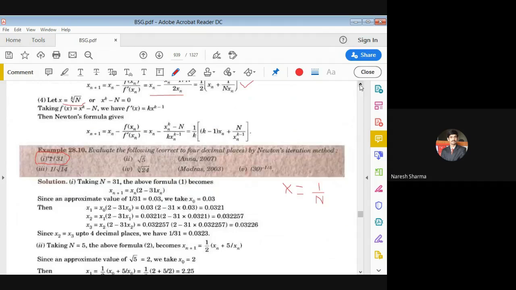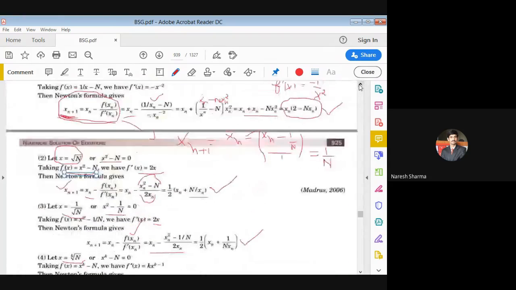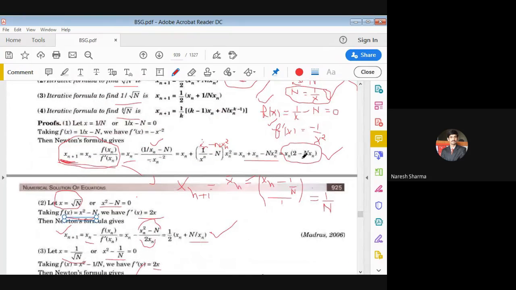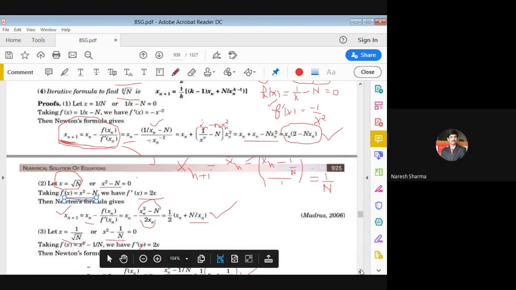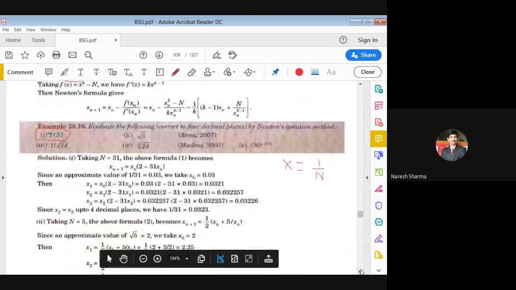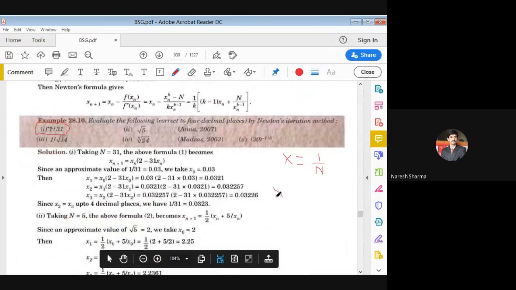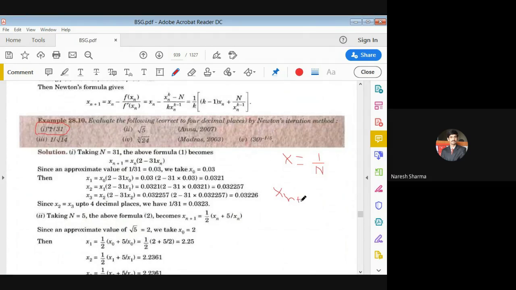But we have already done it, so I'm just picking that as a result, which is x n into 2 minus n x n. So the Newton formula, or you can derive it at this stage also, that is one line derivation only. So this is x n into 2 minus 31 x n.